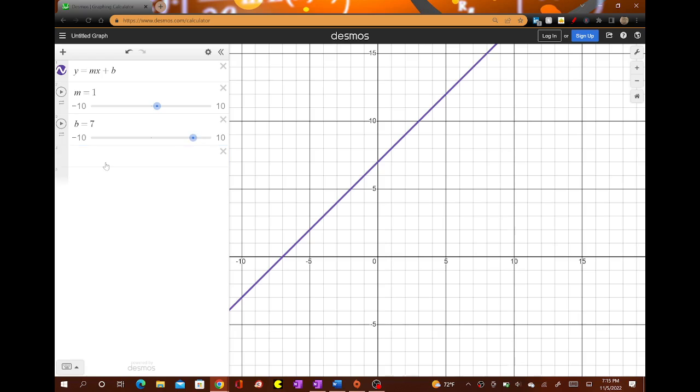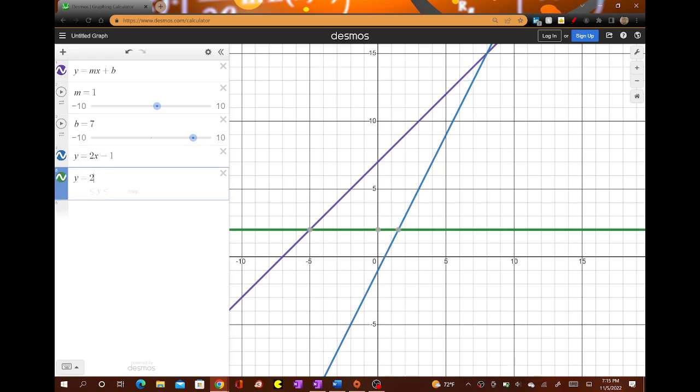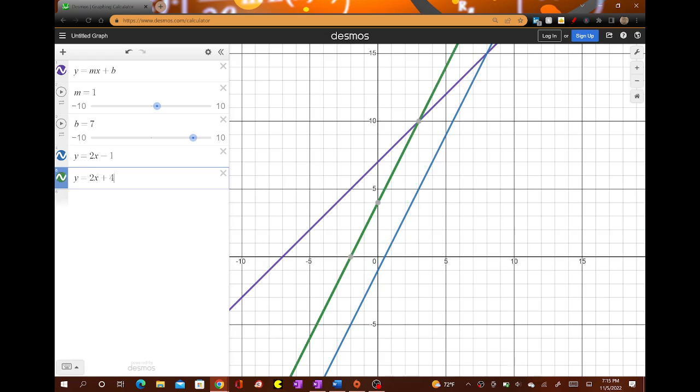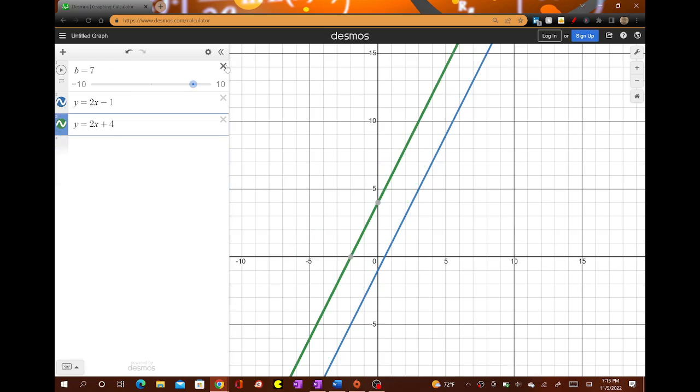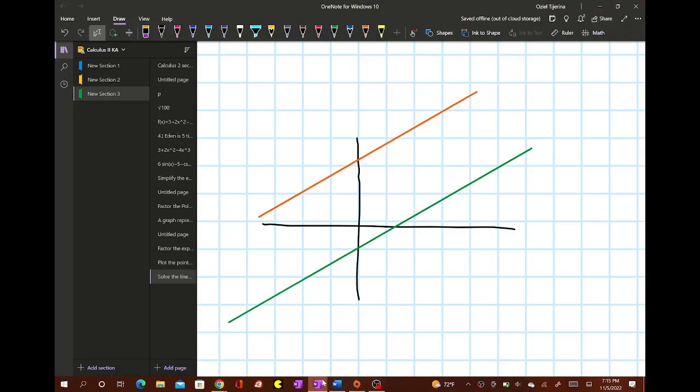So for example, if I have y equals 2x minus 1, and I have y equals 2x plus 4, these two lines literally have the same slope. They're parallel to each other, so they have the same slope. So that is the definition of two parallel lines.